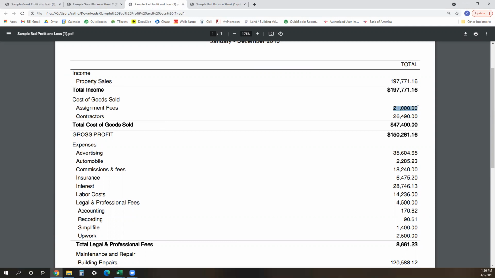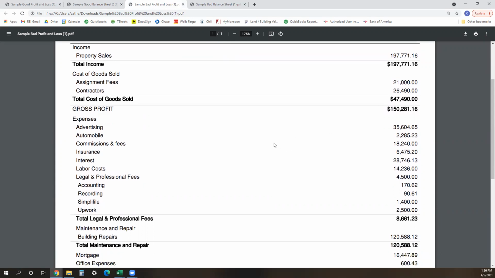And contractors, we would normally have that on as cost of rehab, cost of labor, that kind of thing. And our cost of goods sold would also include all the property insurance, property taxes, interest paid, utilities paid for the properties, and things like that. So all of that would be considered a cost of goods sold, which is not showing here on this one.